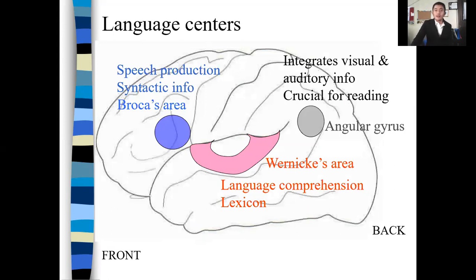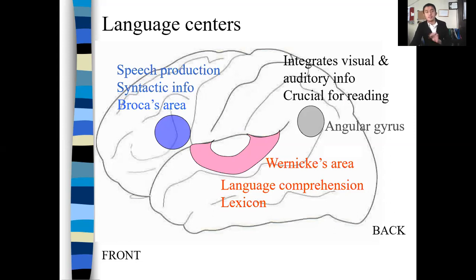The angular gyrus integrates visual and auditory information and is crucial for reading. So when children start to read, they're very visual and auditory, they hear what their teacher says and repeat it, and the angular gyrus is really working. Then Wernicke's area handles language comprehension, understanding the text, and the lexicon.